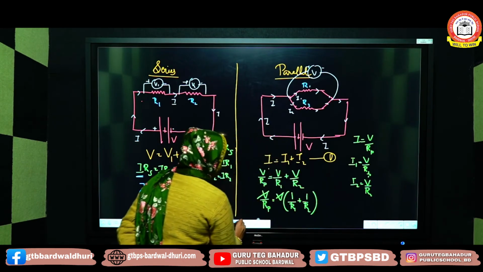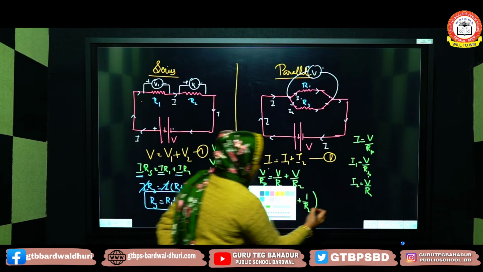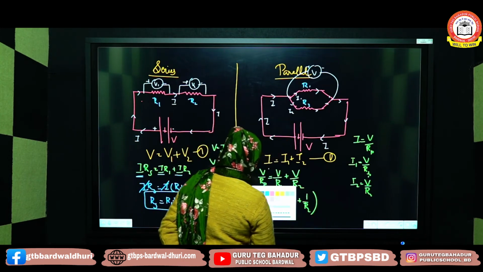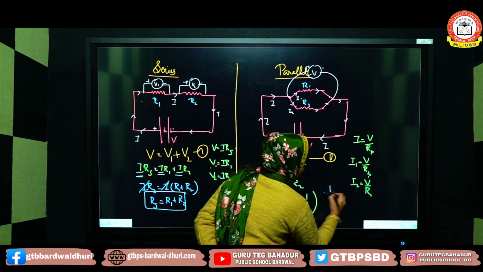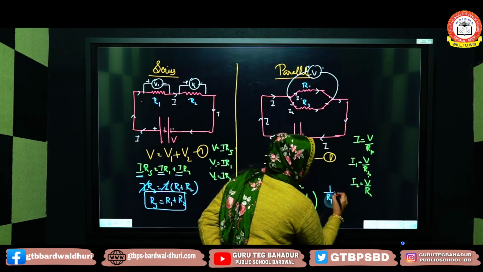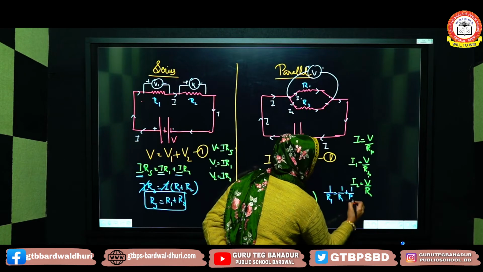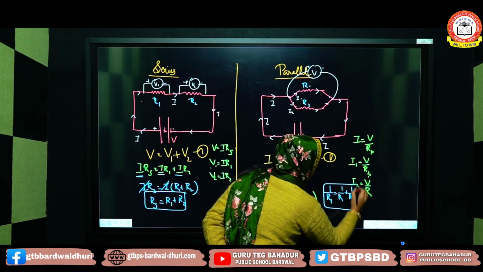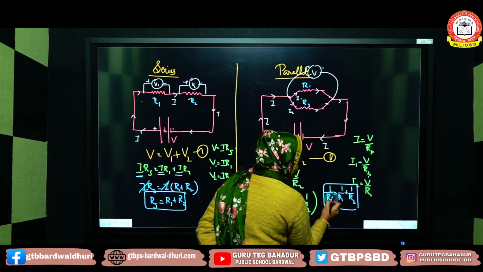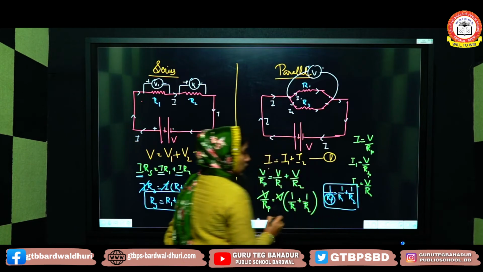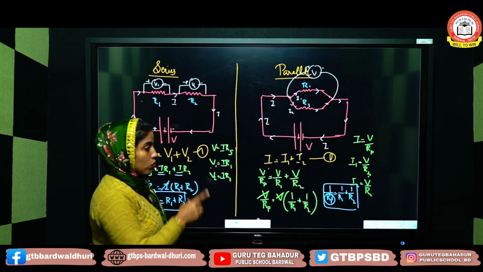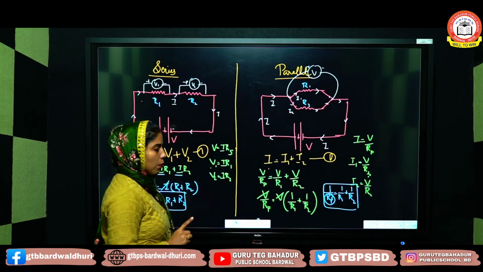Now we get the final result for the parallel combination: 1 by Rp is equal to 1 by R1 plus 1 by R2. So this is the result for equivalent resistance when two resistances are connected in parallel.